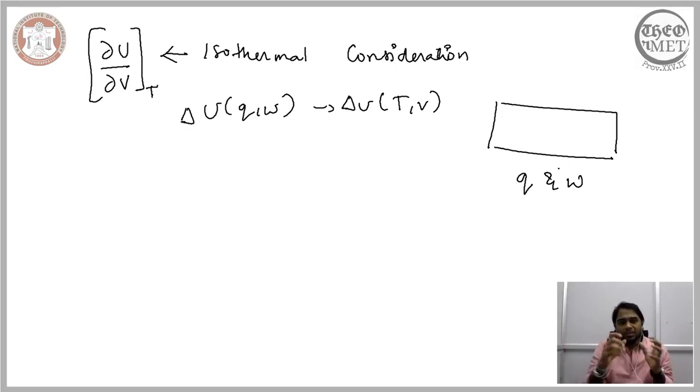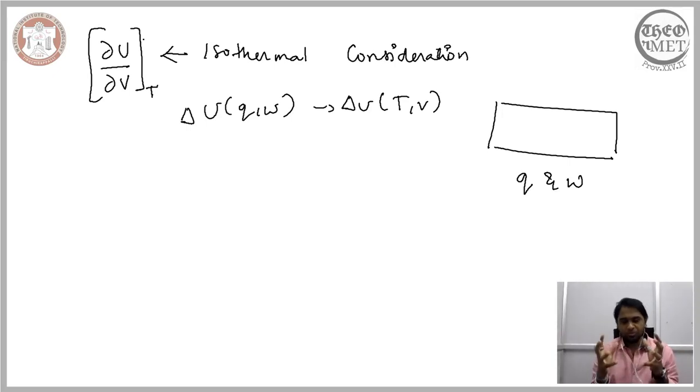So what does the change in the internal energy with respect to volume mean? Let us consider that. What it essentially means is that, in order to keep the temperature constant, you are allowing the system to change its volume.